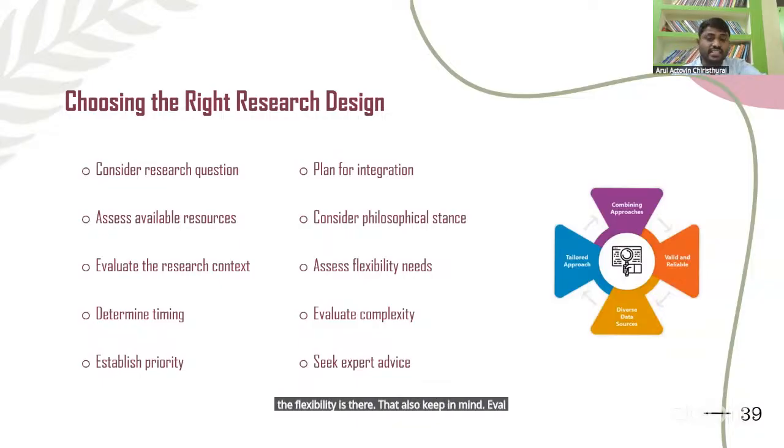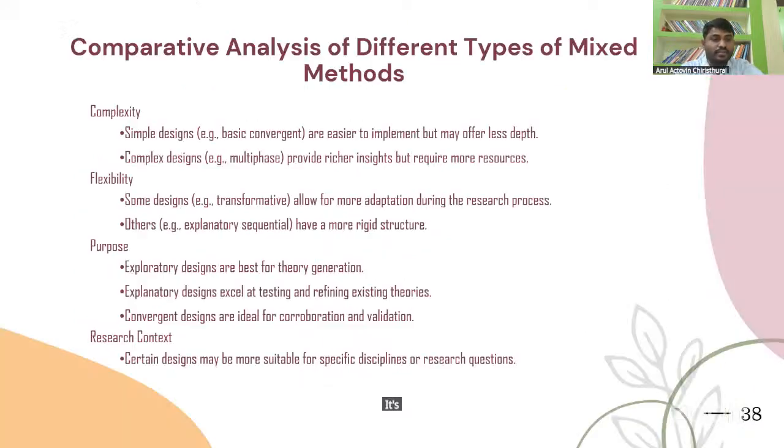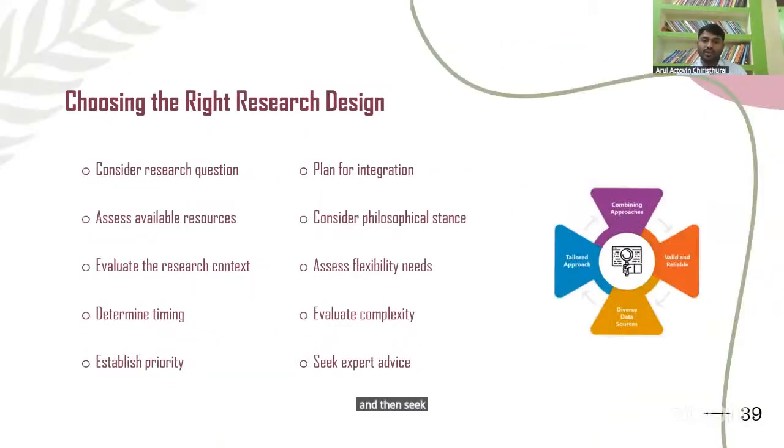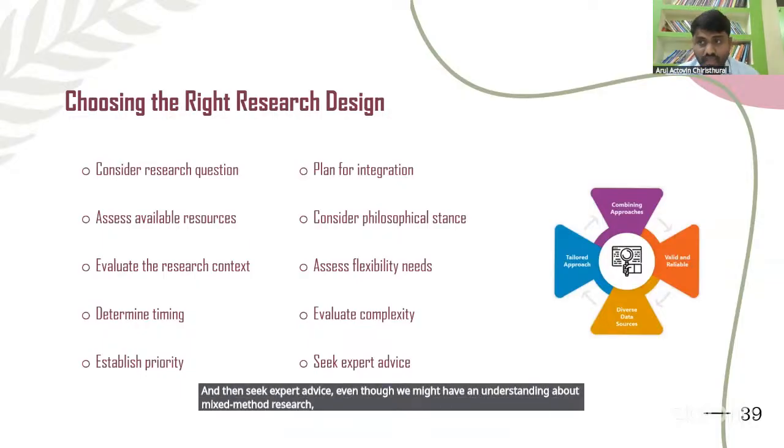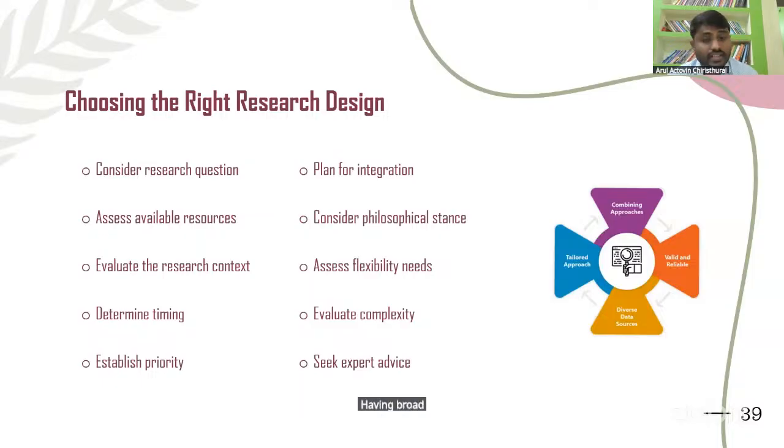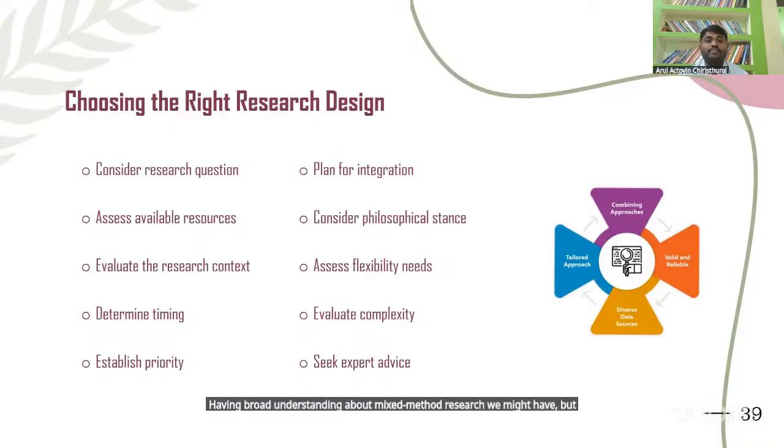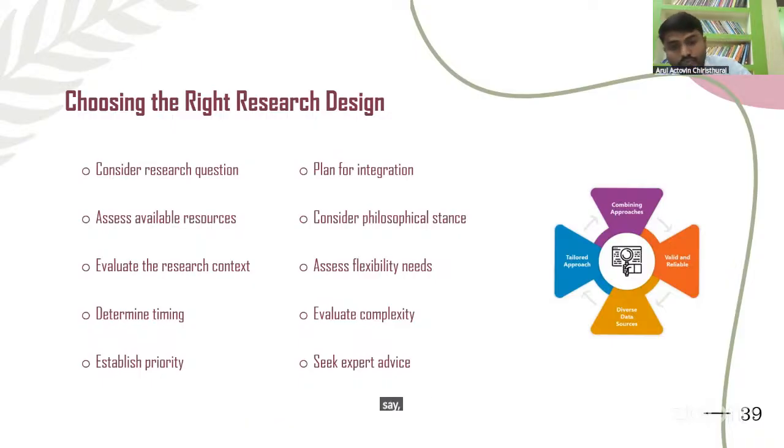Evaluate complexity. Already in the previous one we saw complexity. And then seek expert advice. Even though we might have a broad understanding about mixed method research, apart from that, seeking expert advice is also one of the factors.